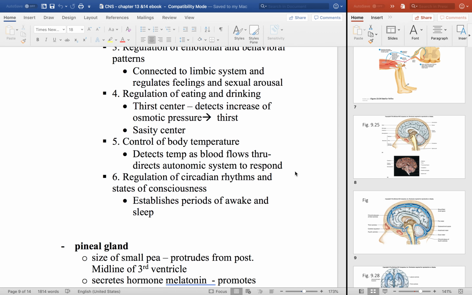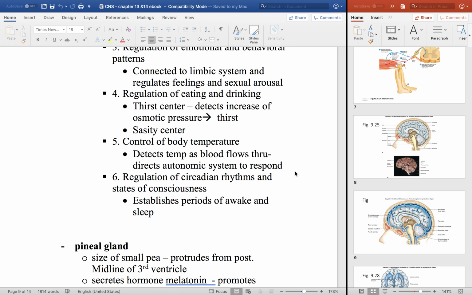It is huge in controlling body temperature. We talked about that whenever we were doing the first chapter. It detects temperature. So if we're too hot, it makes us sweat. If we're too cold, it turns on our arrector pili and we shiver. We've talked all about that, but it helps decide what we're going to do, detecting the temperature of the blood flow.